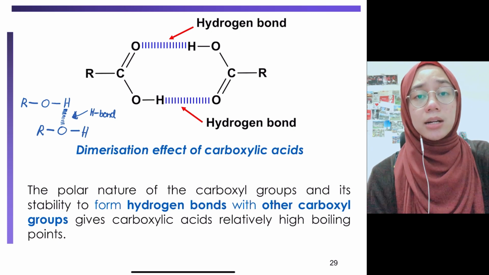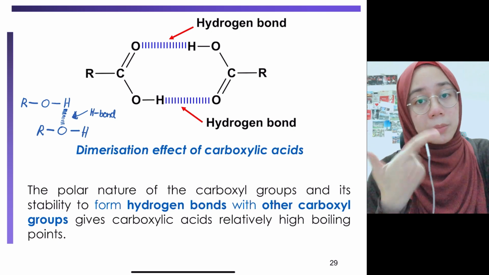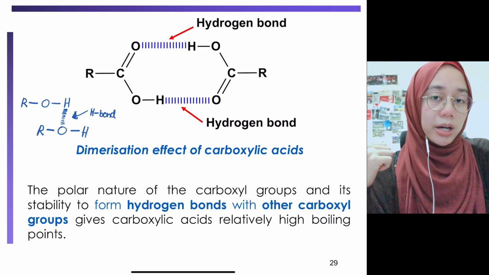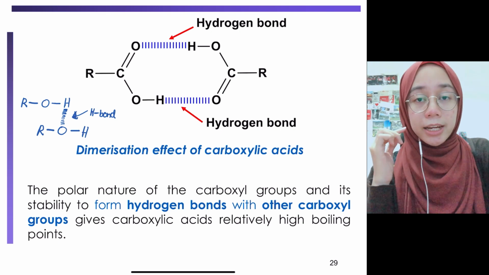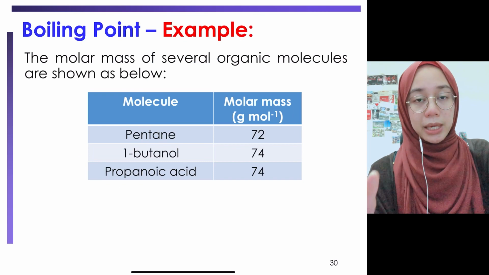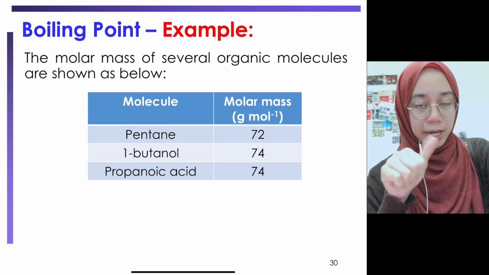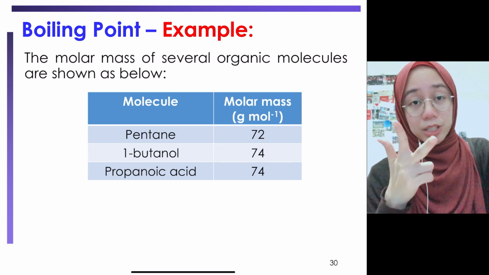Sebab carboxylic acid ada hydrogen bond, alkane pula dia cuma ada van der Waals forces. So mana lagi kuat? Hydrogen bond lagi kuat. Nah, buat je comparison antara dua tu. Tapi most probably mungkin tak adalah diberi yang tu. Okay. Tapi contoh yang Miss bagi kat sini, Miss bagi kamu ketiga-tiga: alkane, alcohol, and carboxylic acid.